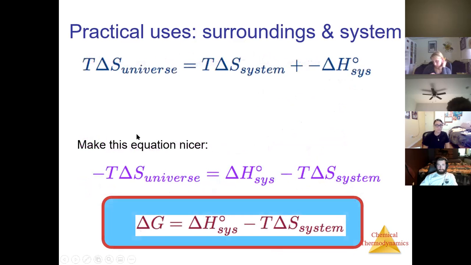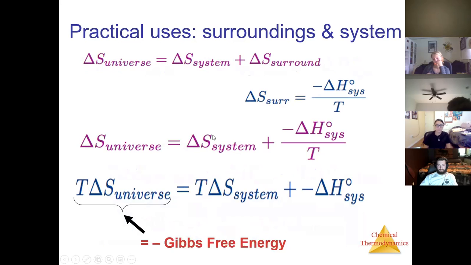I multiply each one of these terms by T. I get T delta S universe is equal to T delta S system plus my negative delta H. T delta S universe, by definition, is negative Gibbs free energy.